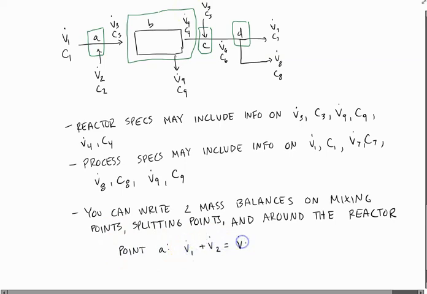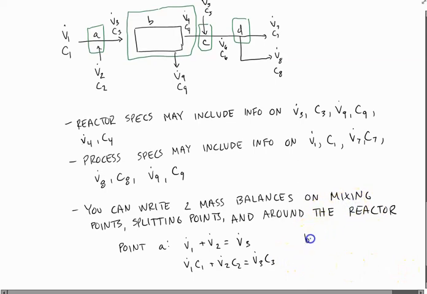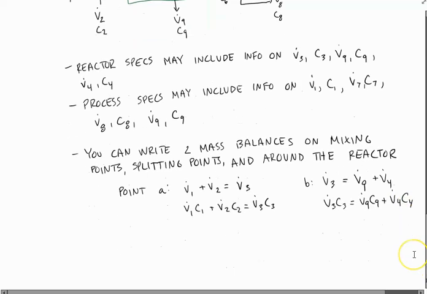So for each of these situations, we can write two equations, one for the carrier fluid and one for the concentration. So again, this looks familiar for point A. For point B, I can write a very similar type of equation, except that I only have one input and two outputs at point B. And then point D is going to be a little different because it's a splitting point.